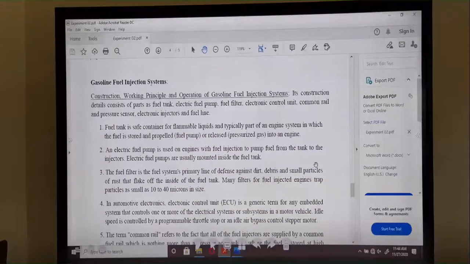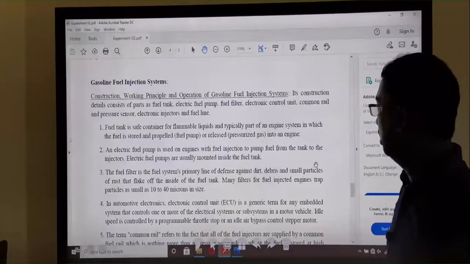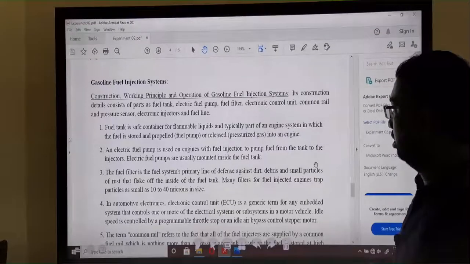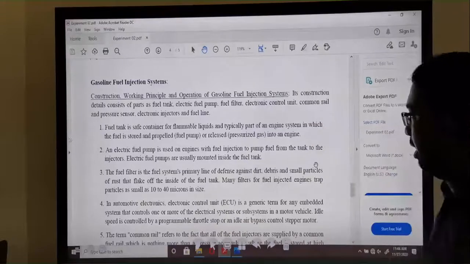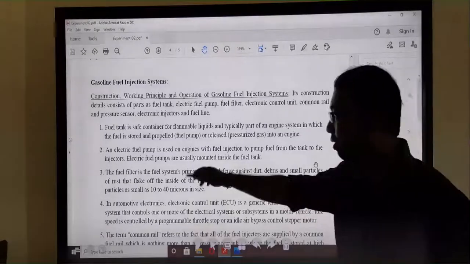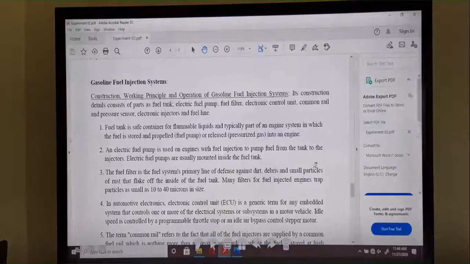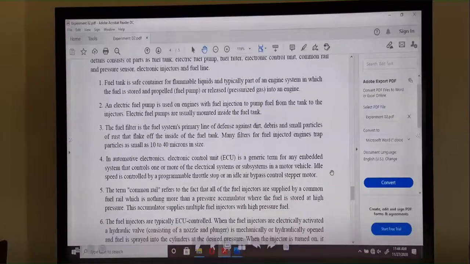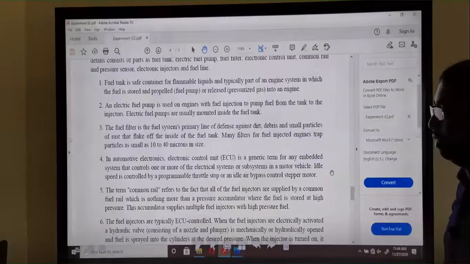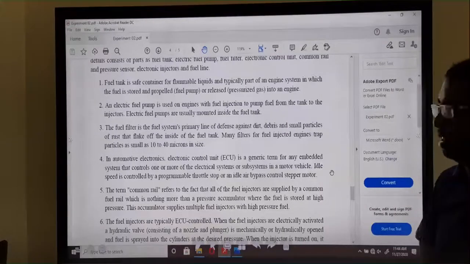Here you can see this is just an introduction of the fuel tank and electric pump. I already told these things, and I also told about the filter. There is an ECU, the electronic control unit. Modern vehicles mostly work under the control of the electronic control unit.